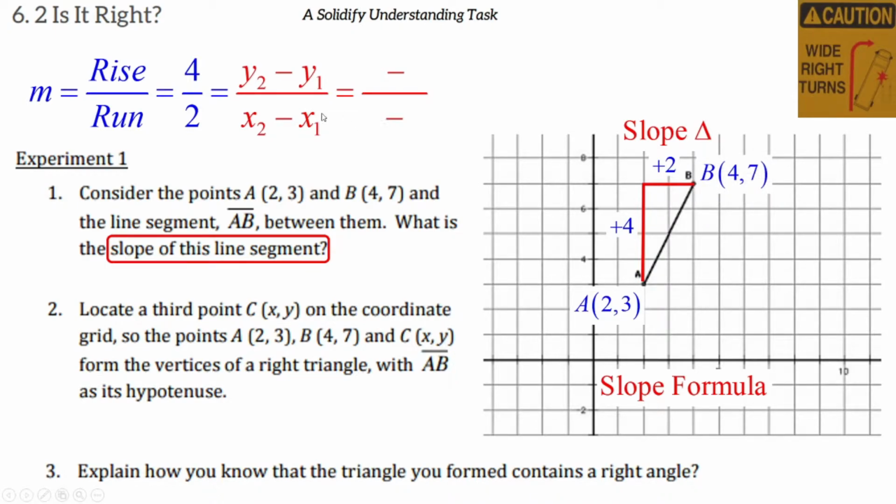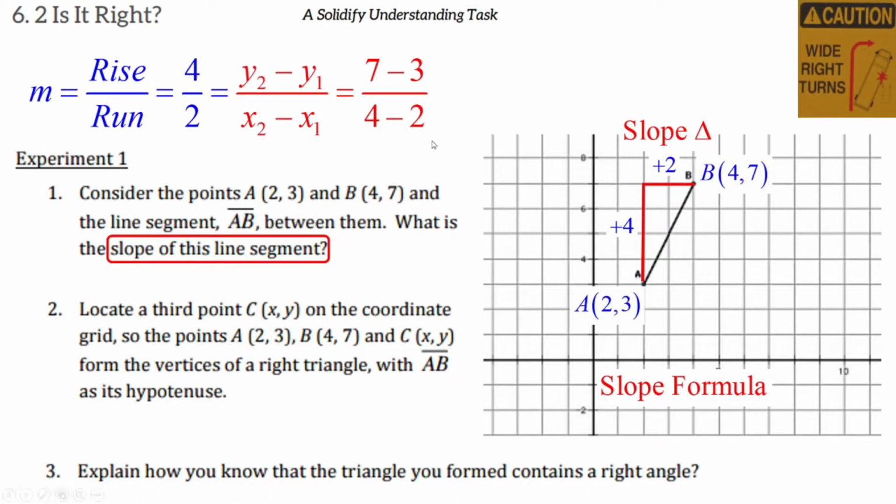Now, make sure you understand what this notation means again. y sub 2 would be the y coordinate of the second point, which is point B, and that's a 7. Minus y sub 1 would be the y coordinate of the first point, in this case 3. And then x sub 2 would be the x coordinate of the second point. That would be 4, minus x sub 1 would be the x coordinate of the first point, and that's a 2.